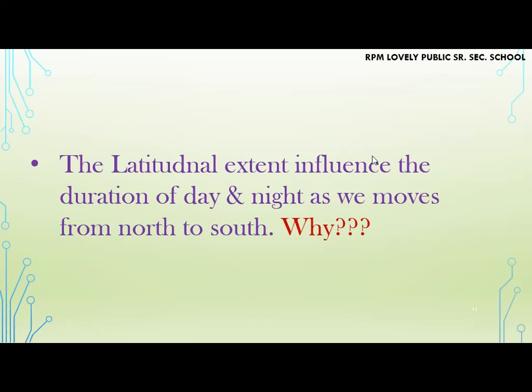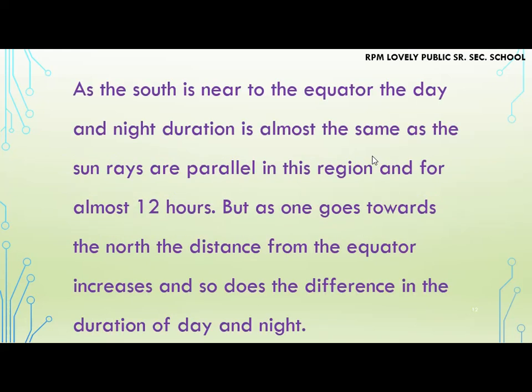But if we go towards Kashmir, the distance from the equator increases and so does the difference of day and night. That is why the sunlight is received more in the state of Kanyakumari than in Kashmir. Here is the answer for your reference.